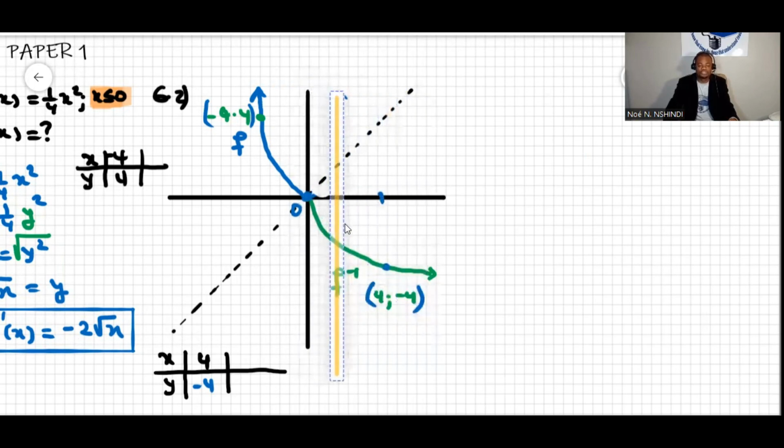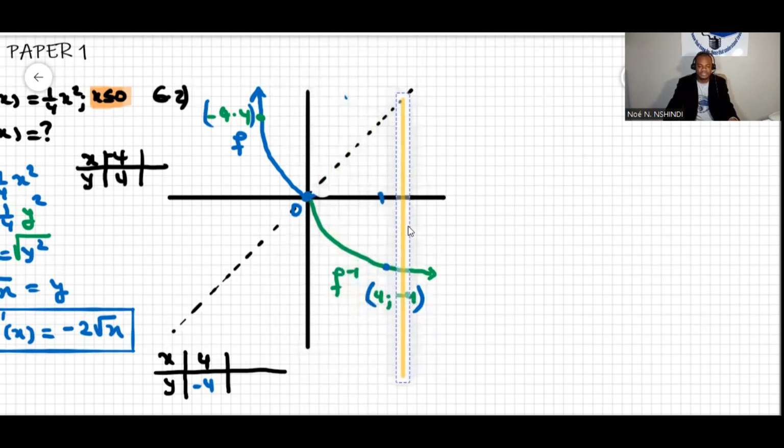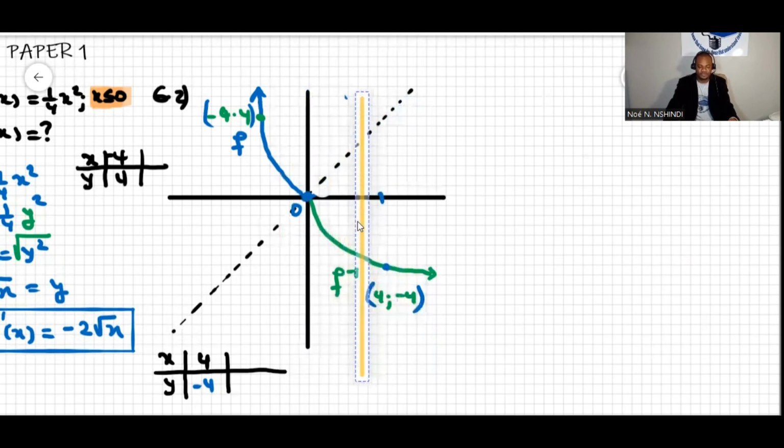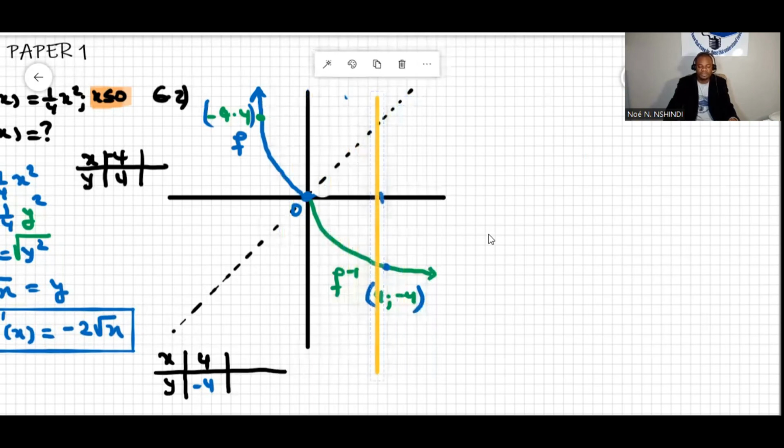Wherever I can draw this vertical line, it can only pass through f minus 1 at exactly one point. So f minus 1 is also a function. Thank you.